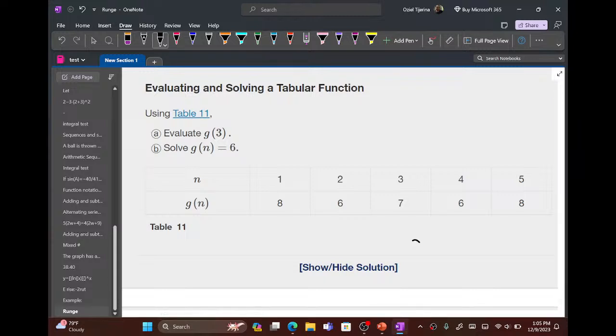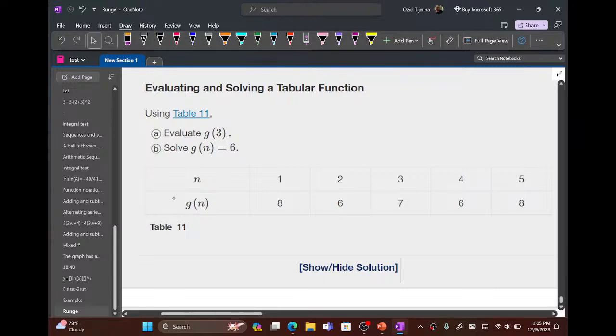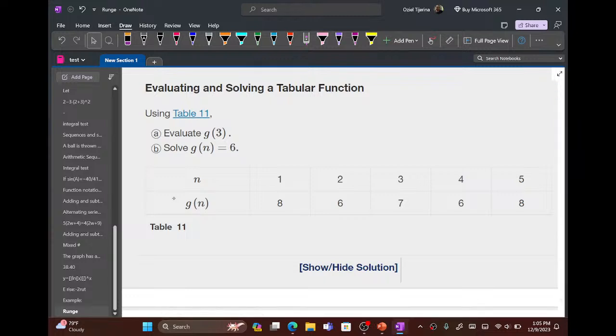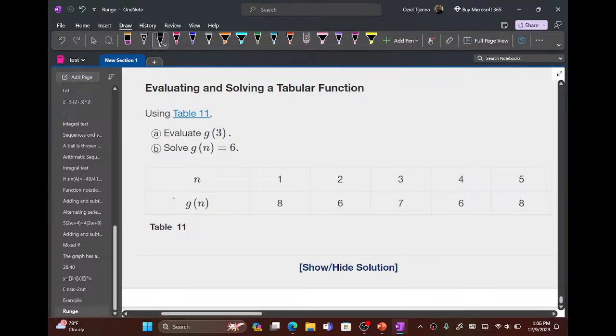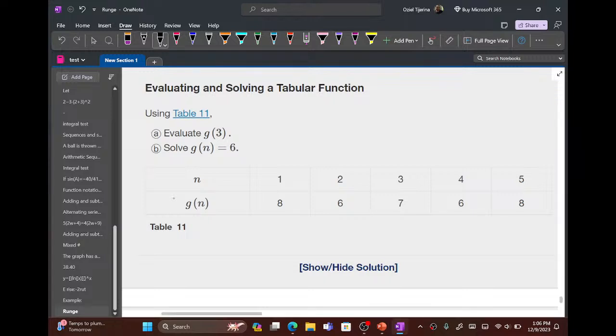Now we're looking at tables, right? So this is an example of one of these. It says evaluate g of 3 and then solve g of n equals 6. So we want to understand how to do this from tables. With this one, we have evaluate g of 3.